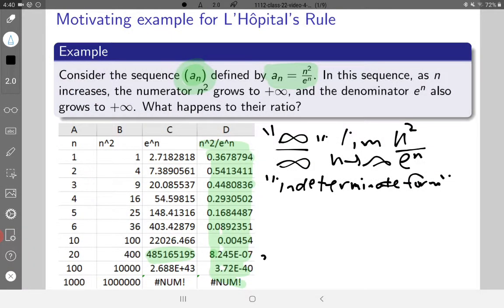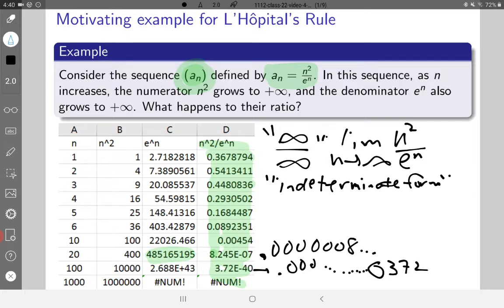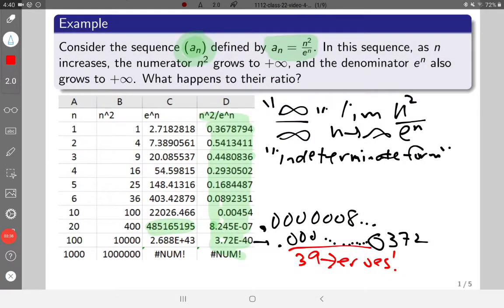So this e to the negative 7 means that that's 0.6 zeros and then an 8. And then this one down here means I can't even write them all, there are 39 zeros and then a 3, 7, 2. And then the bottom row for n equals 1,000, I actually almost broke Excel by asking it to calculate e to the 1,000. It's such a big number that it can't even do that, and that's what the hashtag num means. It just says, sorry, that exceeds my capabilities.